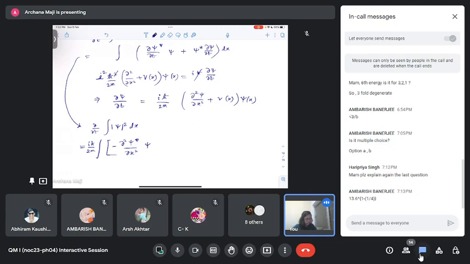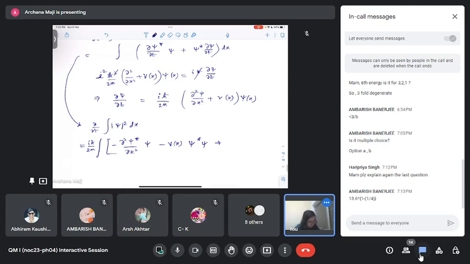Minus again psi star, okay, and then there is psi here, this psi gets multiplied, and then plus psi star del psi del t, this term.